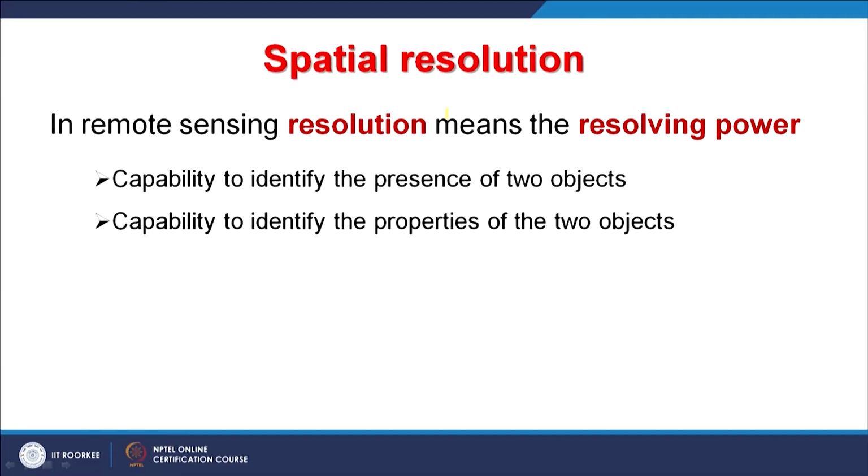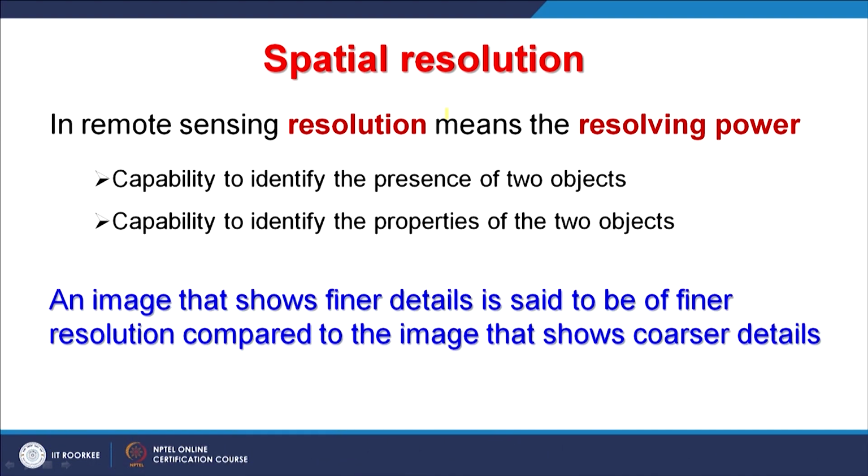So, 2 adjacent objects with contrasting surroundings can be identified even in relatively coarser resolution images. It is the capability to identify the properties of 2 objects, properties here meaning reflection, emission and other things, and then we can derive other parameters out of these basic brightness values.